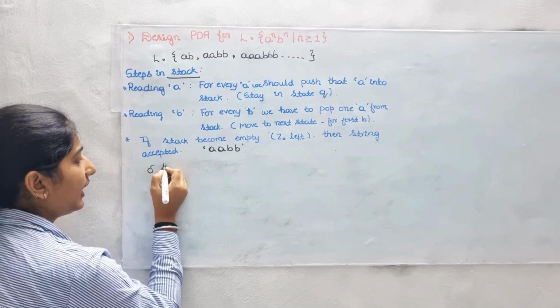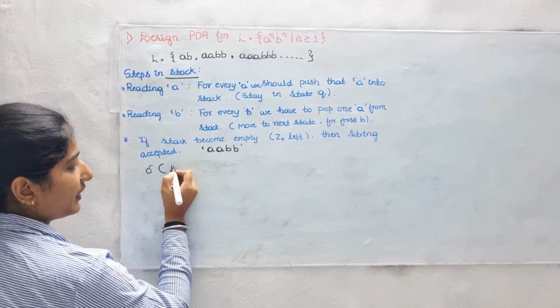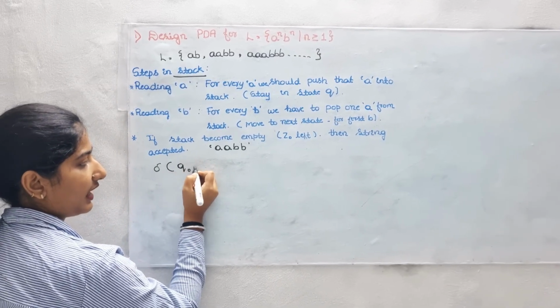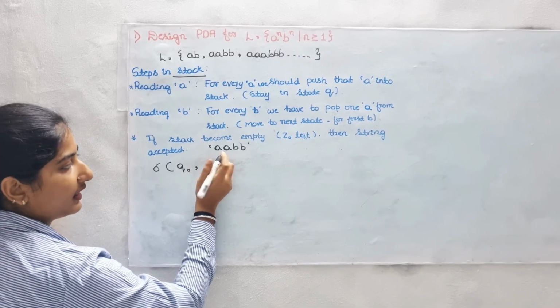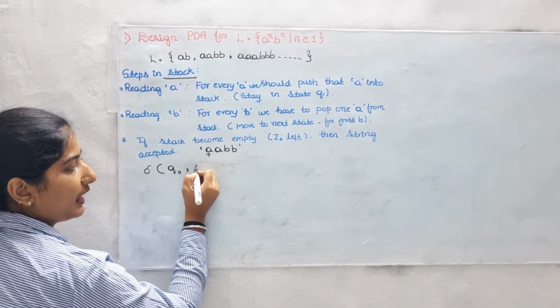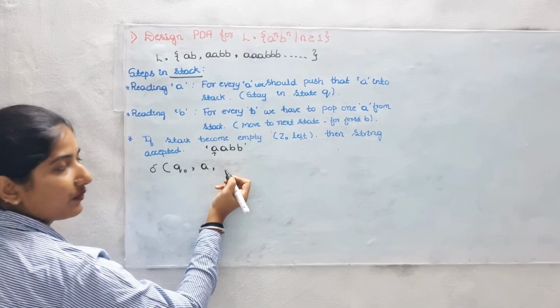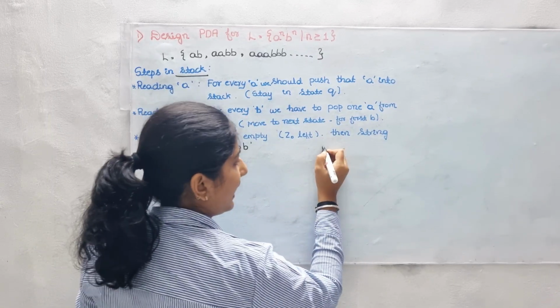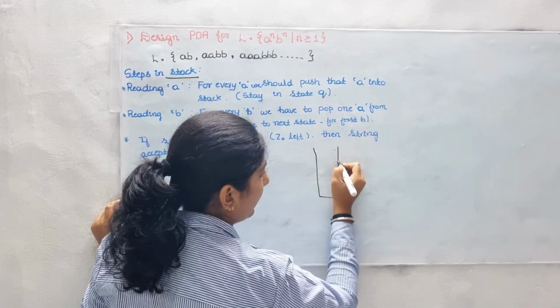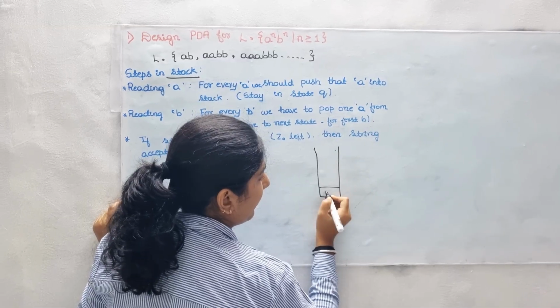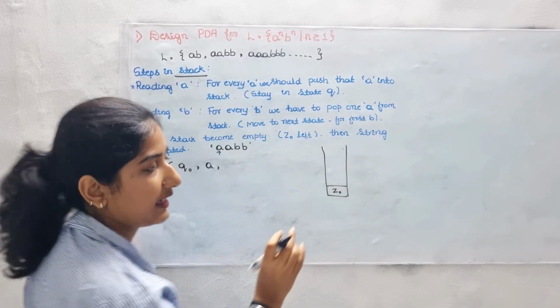So delta on, let me take the initial state as q0, and I read the first input symbol as a. Before reading the input symbol, our stack will be like this, right?